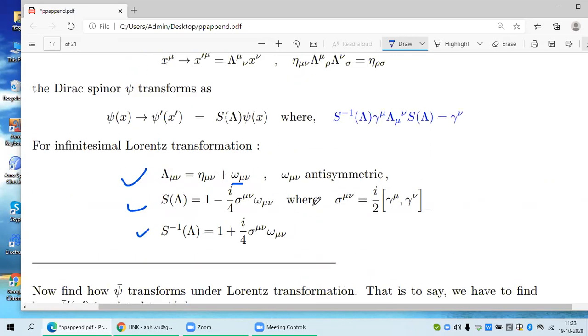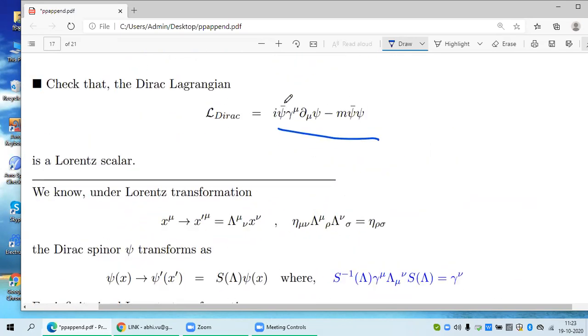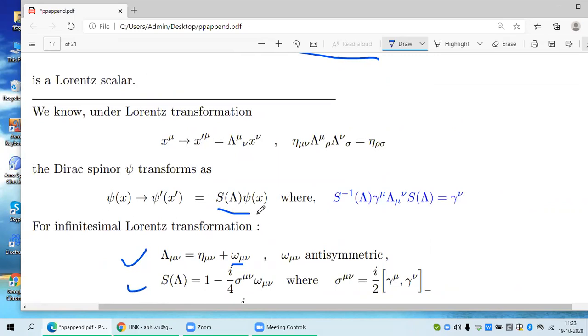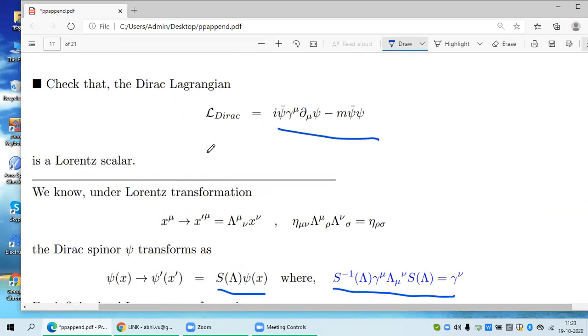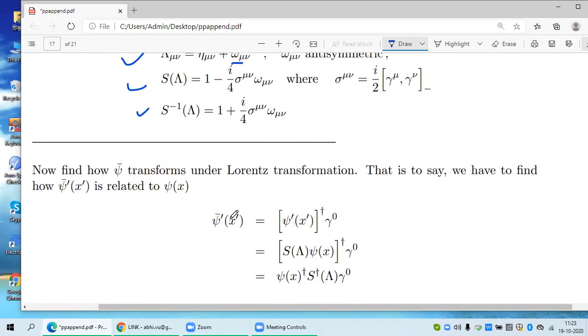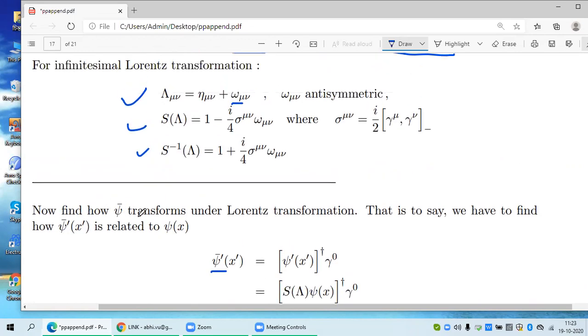So first I know how psi transforms, because psi transforms this way with S having this property. Now how does psi bar transform? That means I have to find out how psi bar prime of x prime is related to psi bar of x.